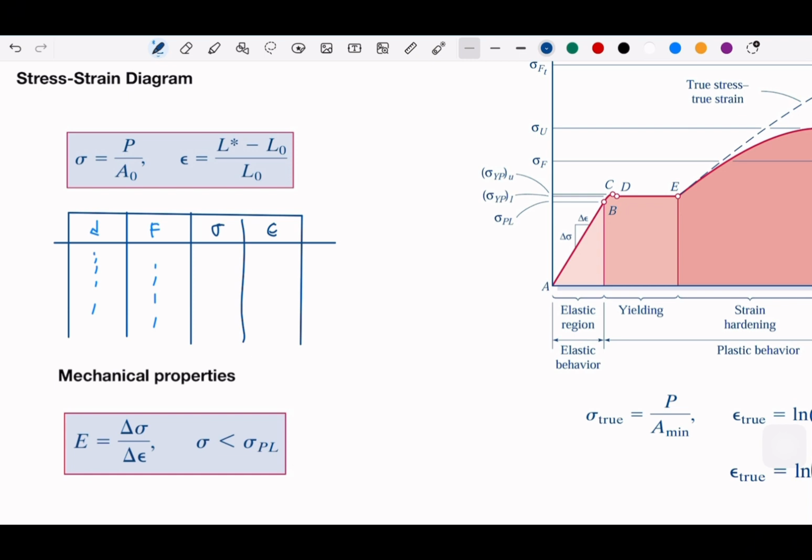And then for the strain, every part is going to change. Maybe this one is really small, maybe 0.01 millimeter. So we take that delta divided by the original length, and we get how much it displaces, and for every length we are going to have a new strain.